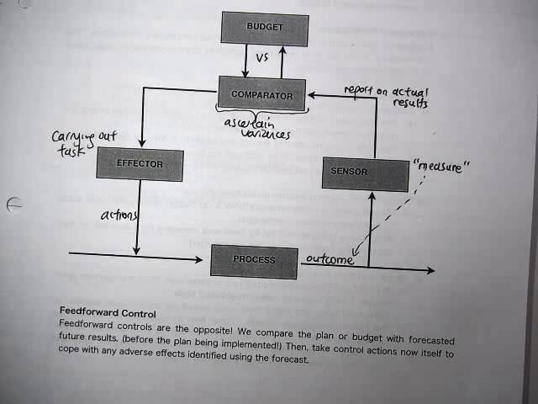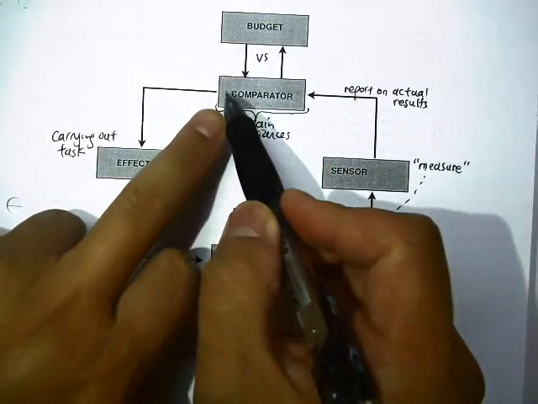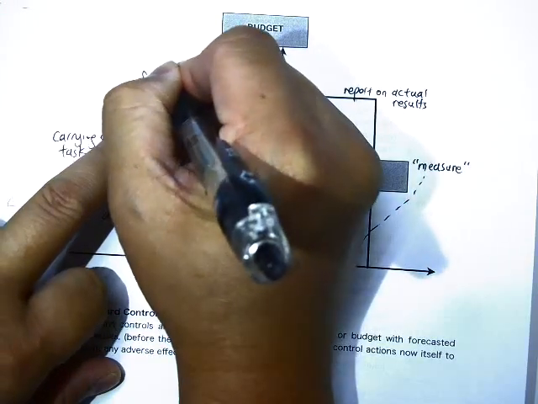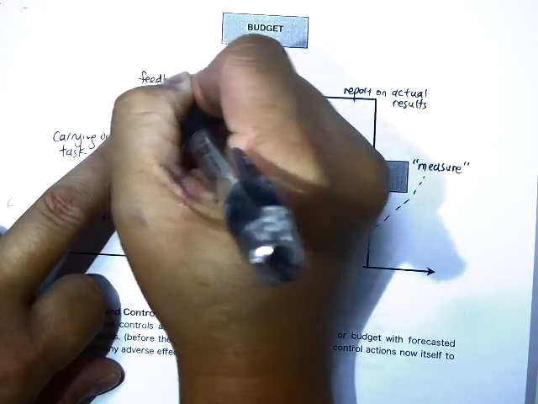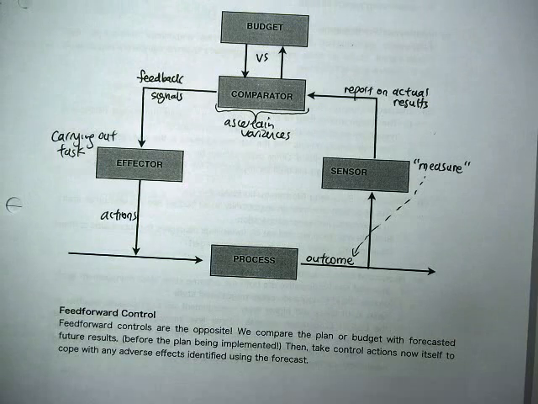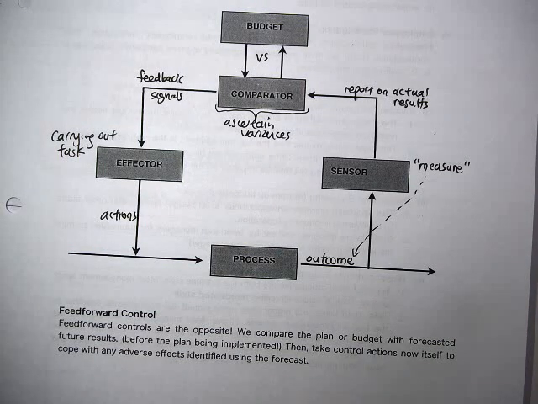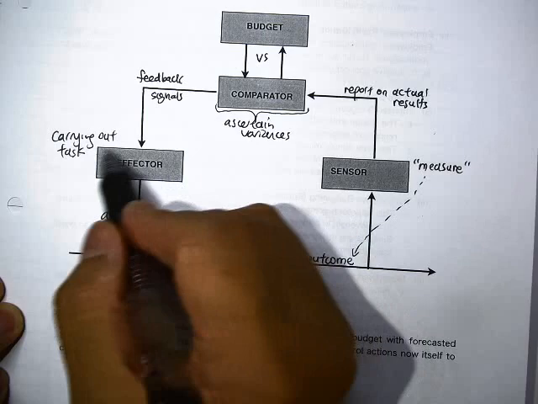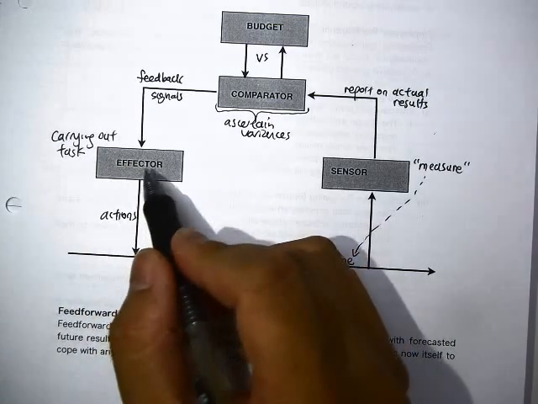If the variance is not good, then you will jump up and down, then you will start to tell the staff, hey, cannot, we do something. Whatever it is, the issue is from the comparator, you will create a feedback signal. You pass a signal. You tell them, okay, spend more or cut down. Now when you pass the signal, the effector will have to take action again.